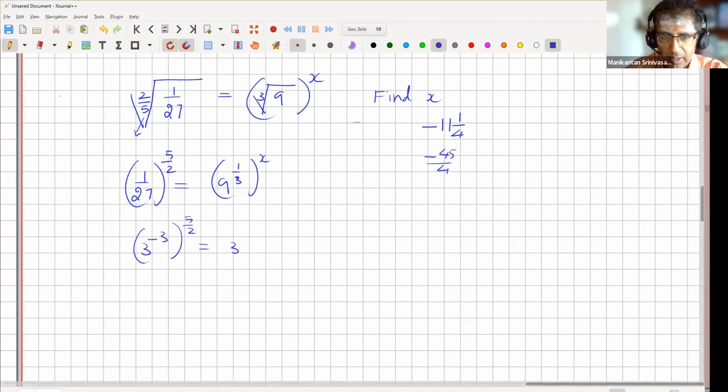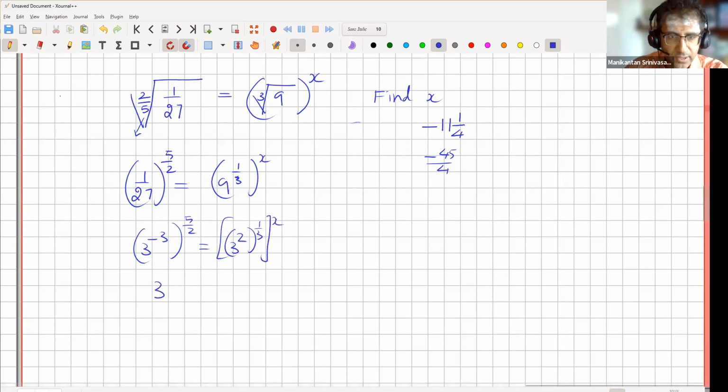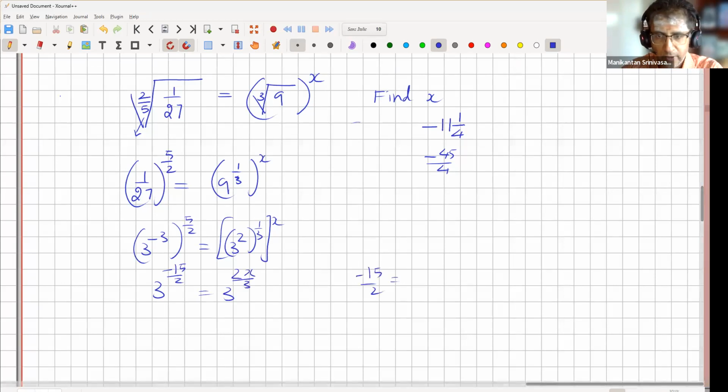So this is 3 power 2 whole power 1 by 3, and then whole power x. So effectively, this is 3 power minus 15 by 2. And here I have 3 power 2x by 3. Therefore, minus 15 by 2 equal to 2x by 3. Therefore, x is cross multiply, minus 45 by 4.